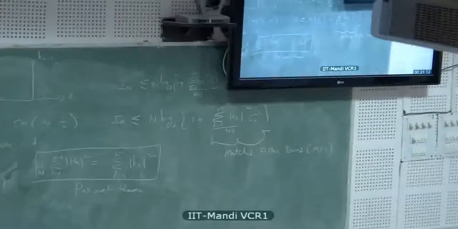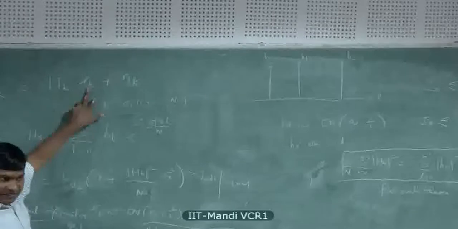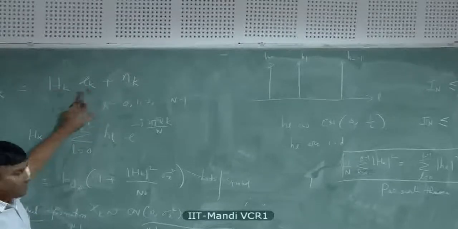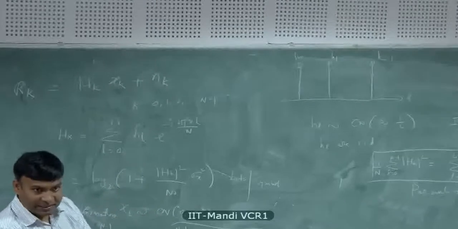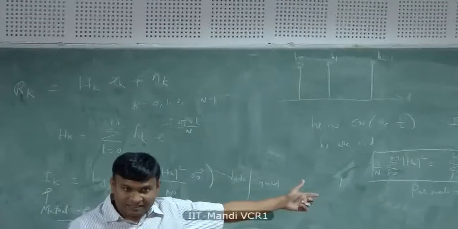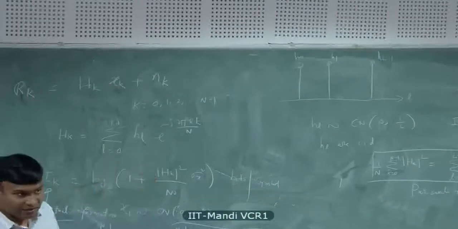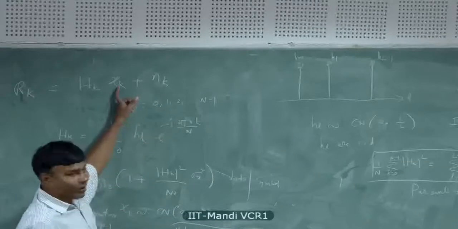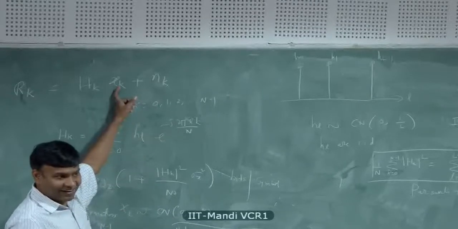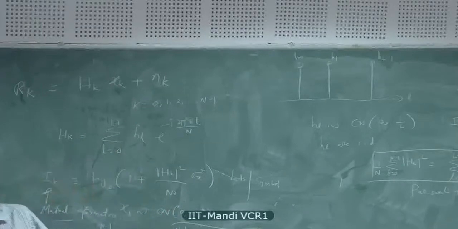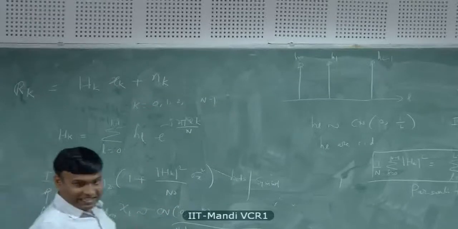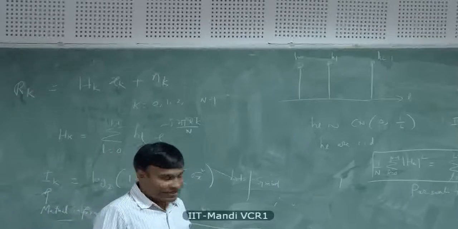Rather, you send the same symbol x_k on all the subcarriers, then you do matched filtering, add them up, and the equivalent SNR would be the matched filter bound. Of course, sending the same symbol on all subcarriers will reduce the data rate by a factor of 1 over N. That's a very inefficient way of doing it.